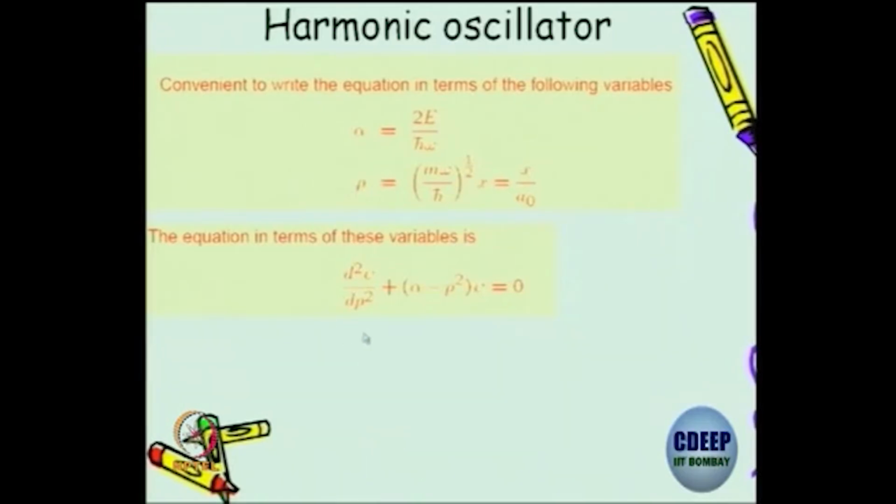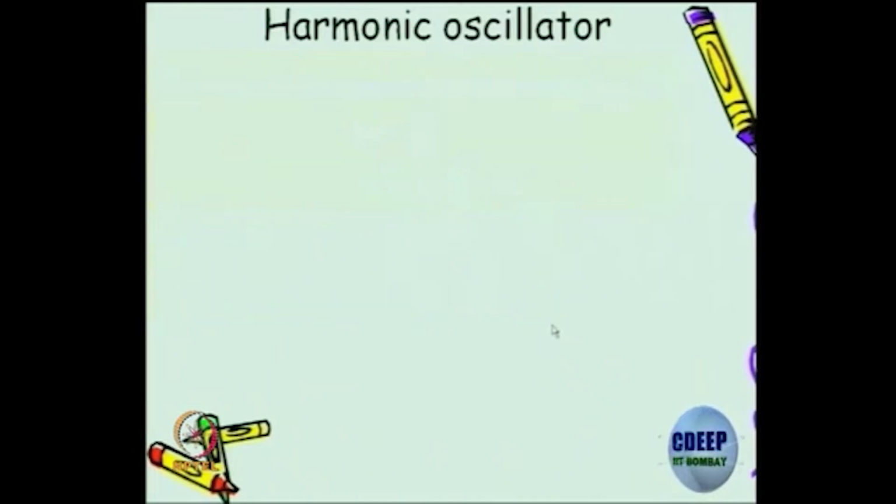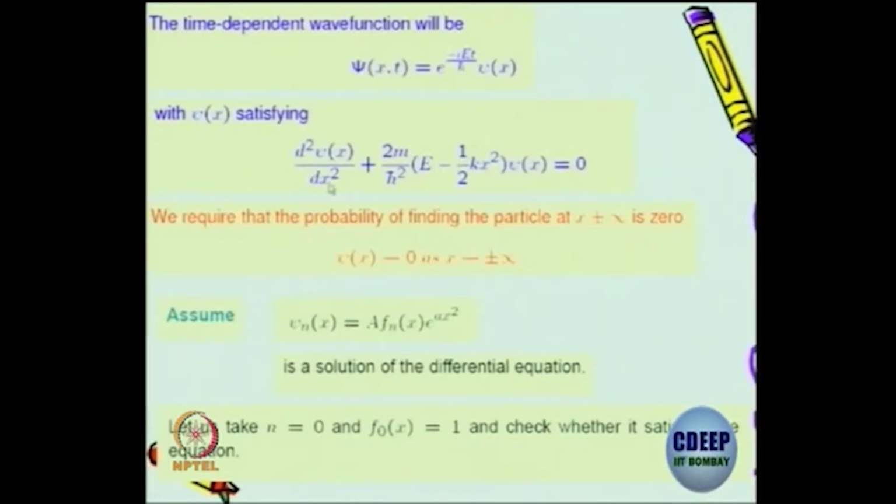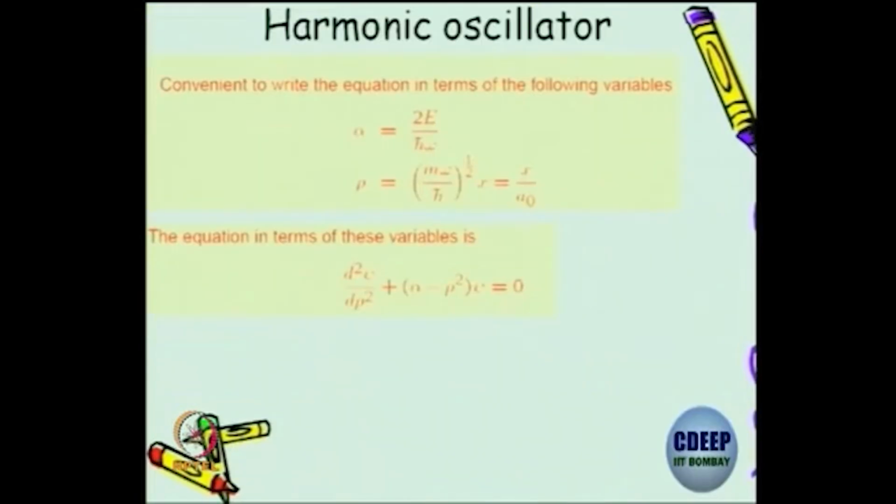It looks in this simple form. Please verify this from the previous slide. Here it is E and also x. Convert them into the rho variable, and instead of E use the alpha variable and rewrite that equation. Please do this, okay. So the equation becomes simplified to be of this form. We are doing it for the lowest, n equal to 0, which we will call the ground state.